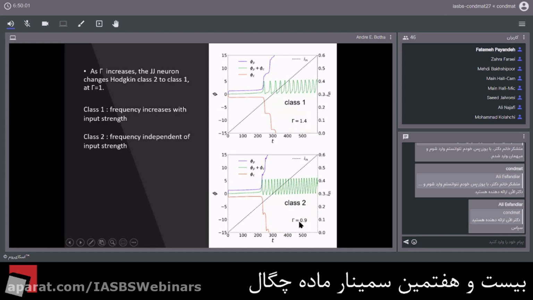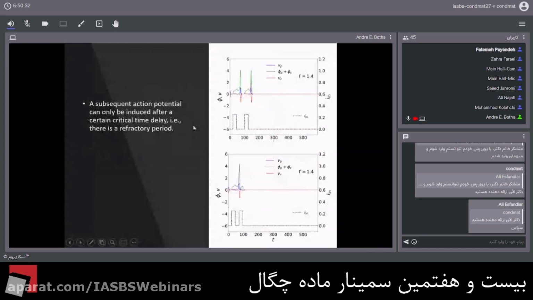Whereas if gamma is below the threshold value of 1, then more or less independently of the input strength of the current, the firing occurs at the same frequency. So there's another feature that is in accordance with what is observed in neurons. And lastly, the idea of the refractory period, which is also known, is demonstrated here in the simulation.